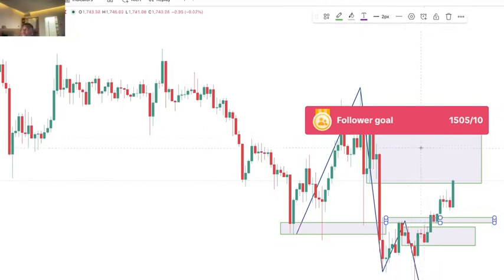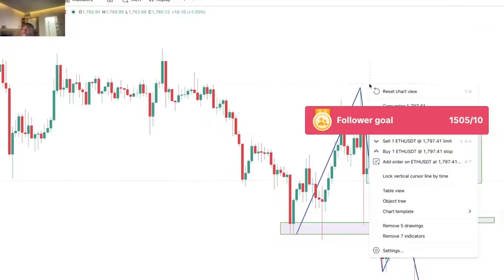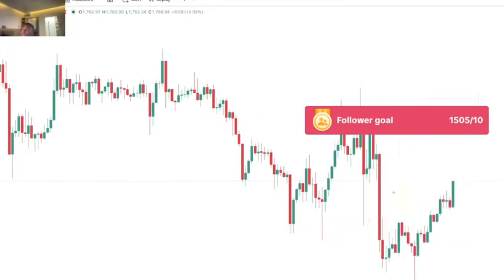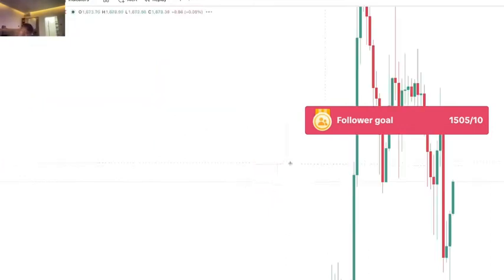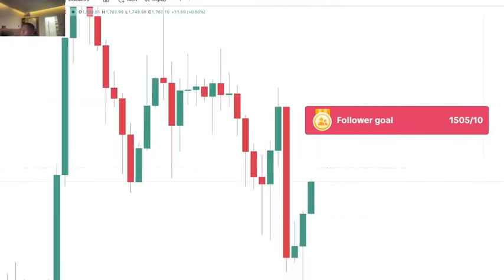It's valid because of an order block from a higher time frame. So that is why I went higher to a place that still has a bearish structure, which was 2 hours.